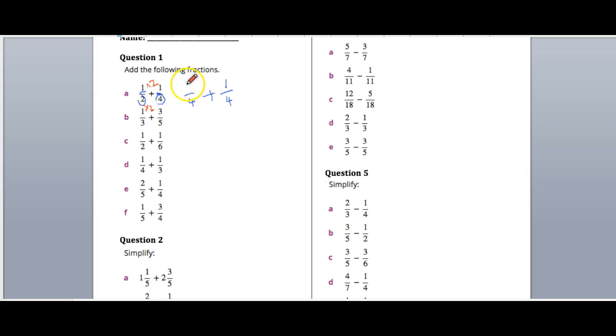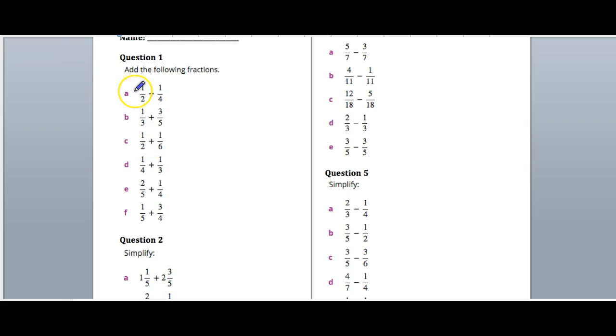So 1 times 2 gives you 2. Let's go back to blue to get the answer. So equals, remember your denominator stays the same, so we're adding the top. So that is a 2 and a 1 gives you 3. So 3/4.